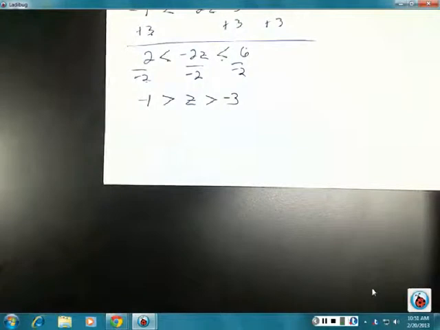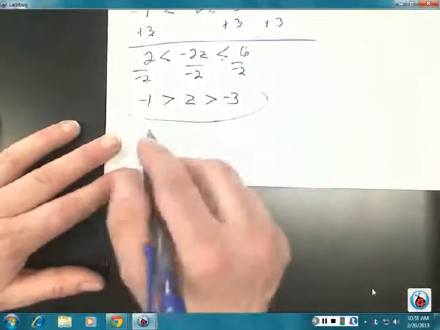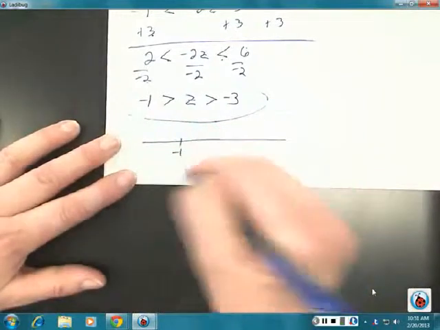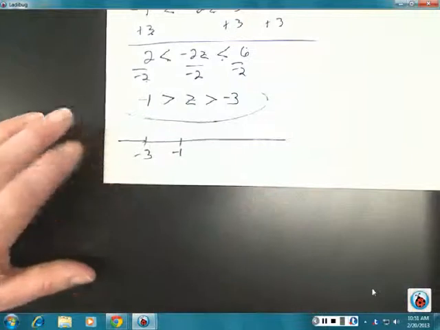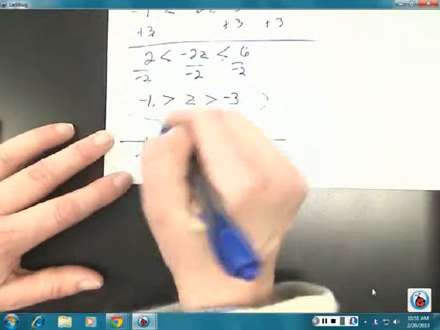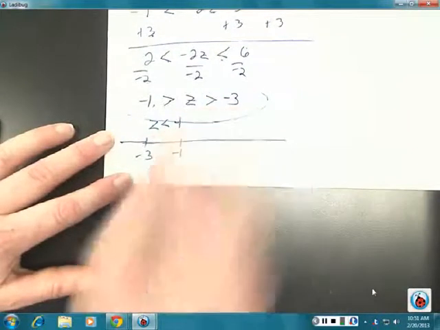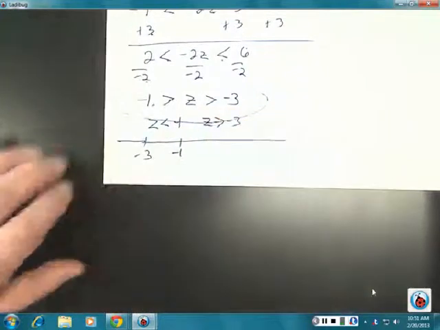What do you think? What's it look like as a graph? This is algebraic, okay? What's my graph going to be? We got negative 1, and we got negative 3. Reverse it before I do the other part. So it's going to be z is less than negative 1, but z is going to be greater than negative 3.